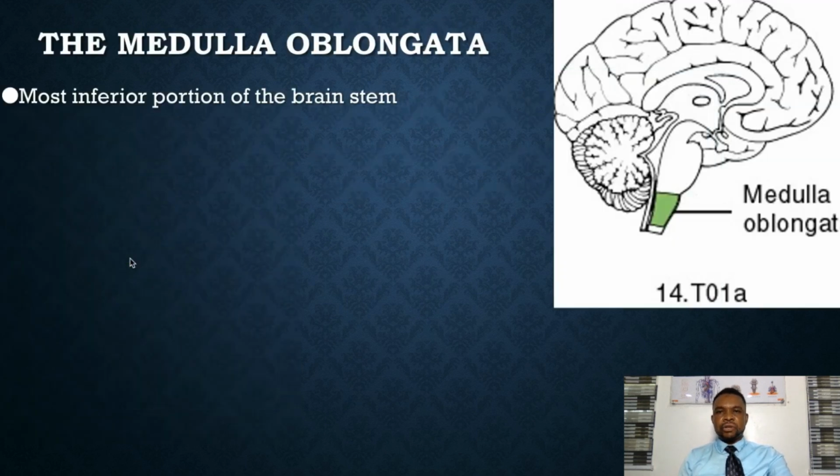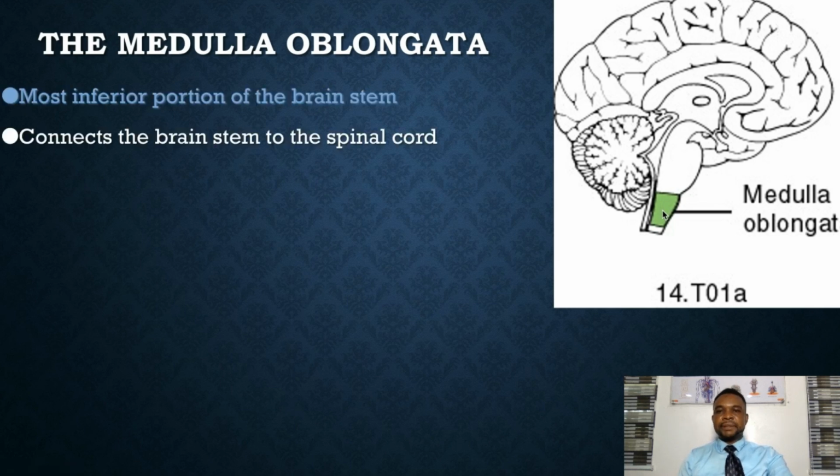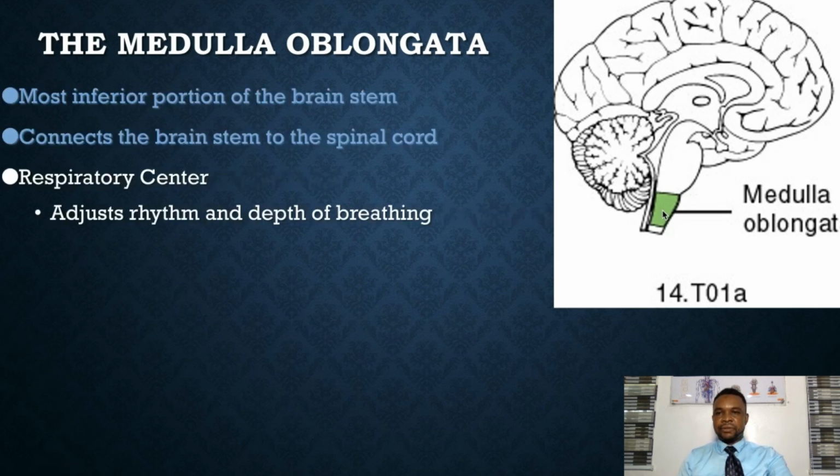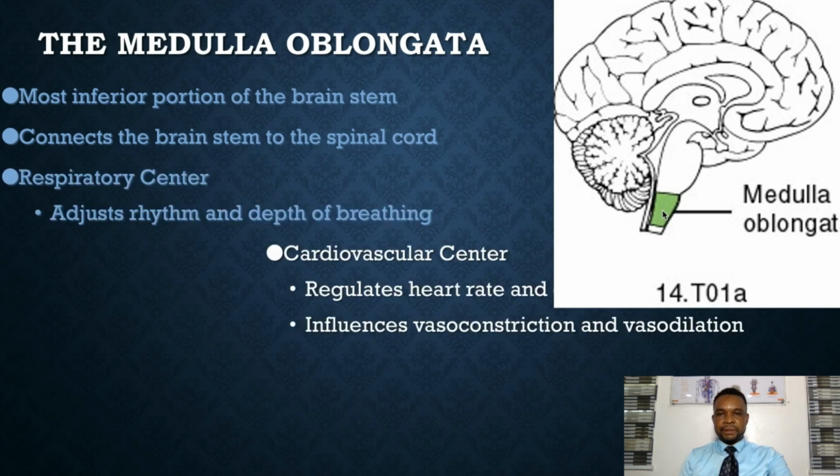The medulla oblongata is the part that is painted green here, and is the most inferior portion of the brain. It connects the brainstem to the spinal cord. It has the center responsible for respiration and the rhythm and depth of breathing.